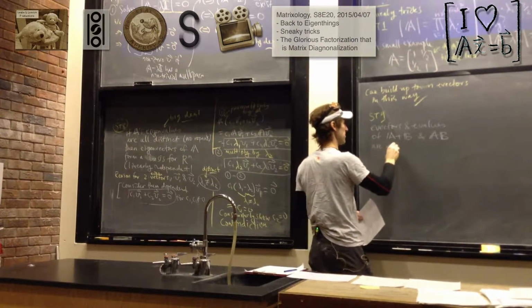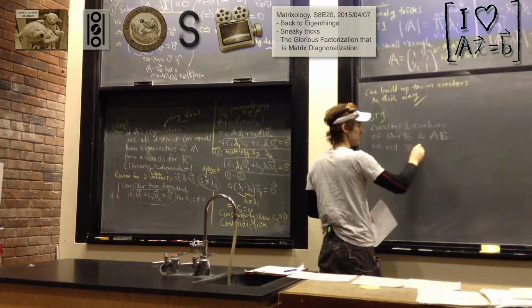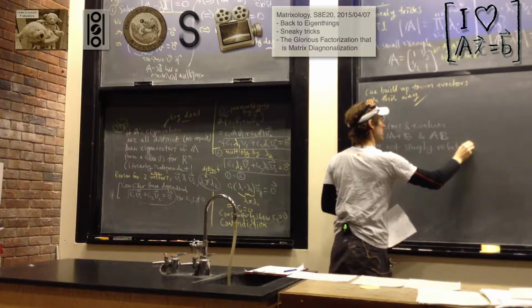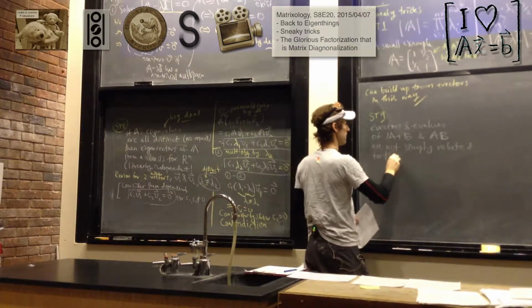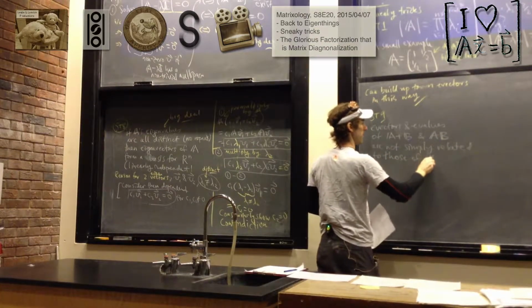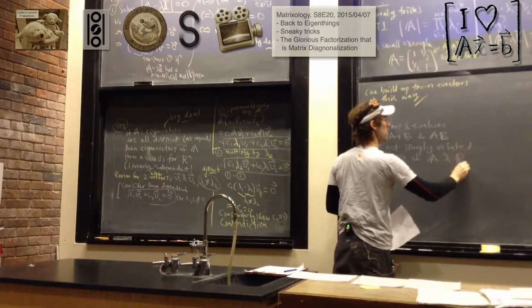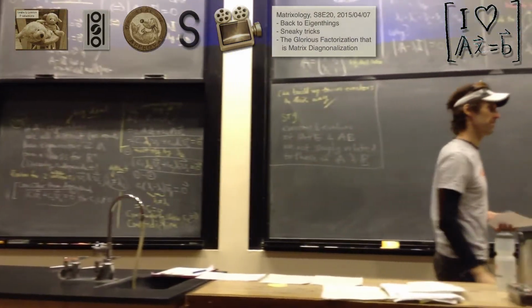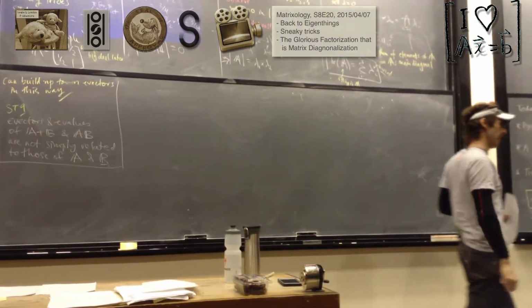Right? So there's no special thing there. Sometimes these things are related to those of A and B. So you can't find the eigenvectors for B and then know anything about AB.